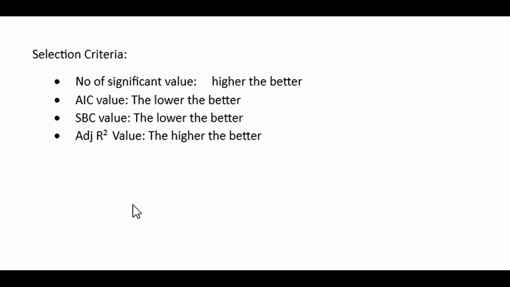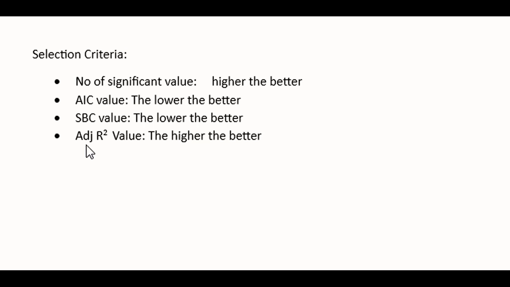But after estimating the third model, what you should do is select your model based on the following criteria. The first criterion is the number of significant values. Higher is better. AIC and SBC values should be on the lower side. The model with the lowest value is the model to go with. And the last is adjusted R square value. The higher the value, the better the model is.